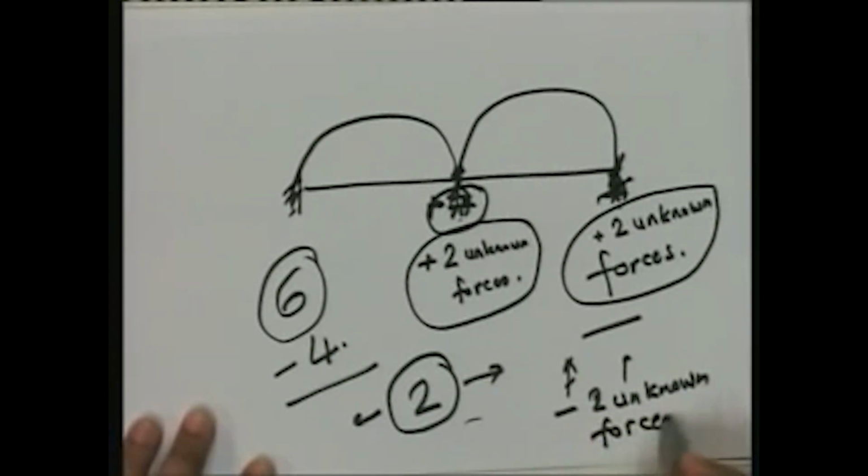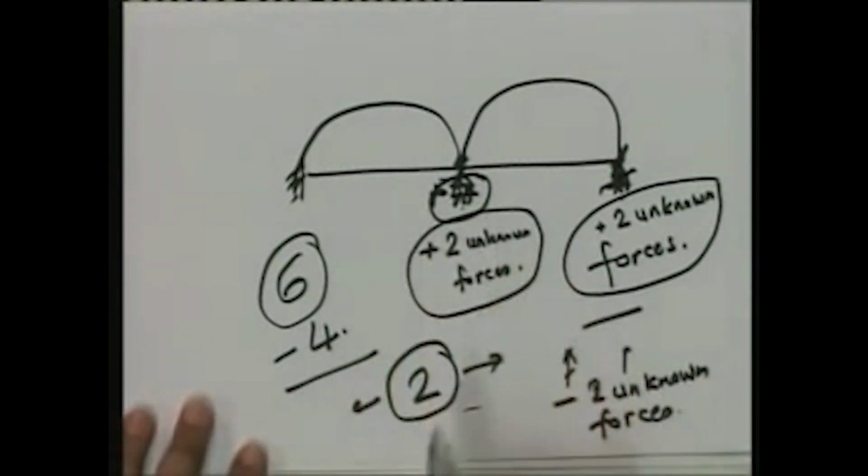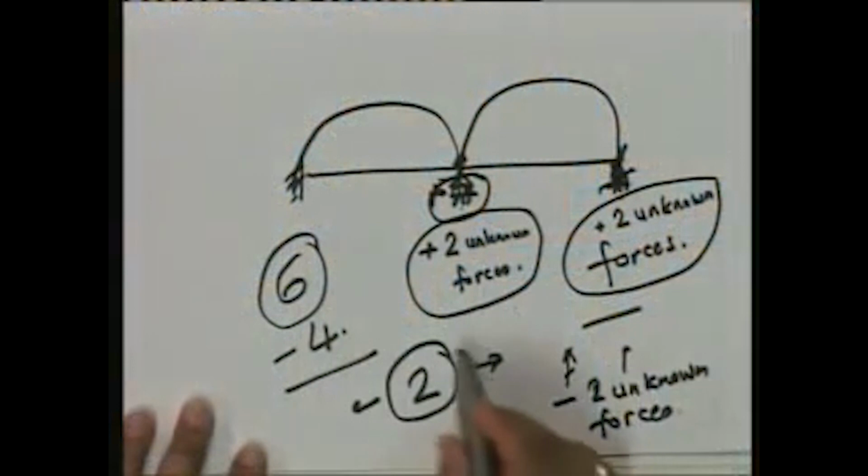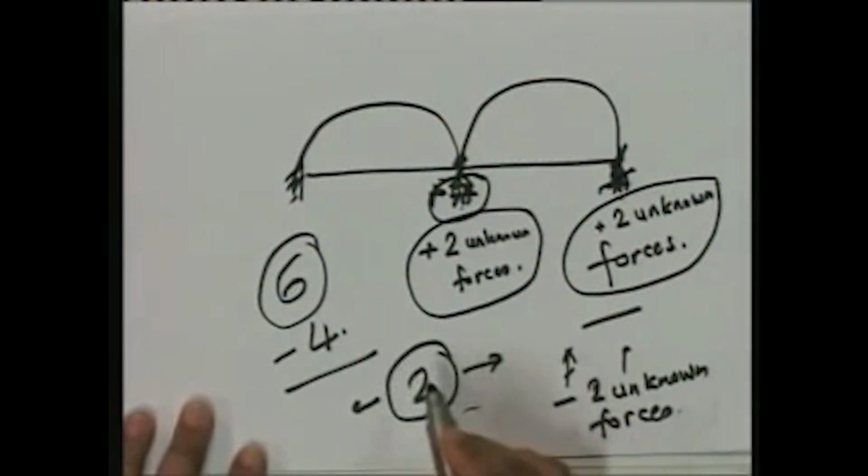When I remove these 2 unknown forces, what does this become? A cantilever. And we know that a cantilever is a statically determinate structure. So by removing 2 unknown forces, I have made it statically determinate. So what is the static indeterminacy? Well, 2. Either way, you get that this is a 2 degree statically indeterminate structure.